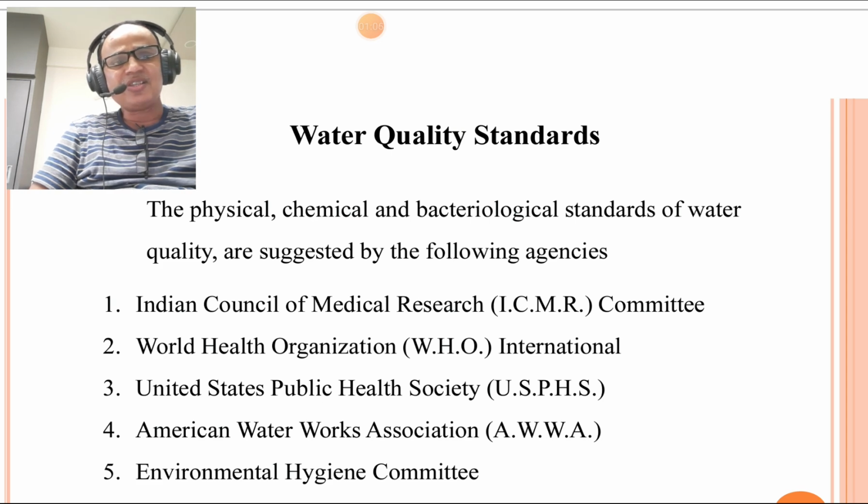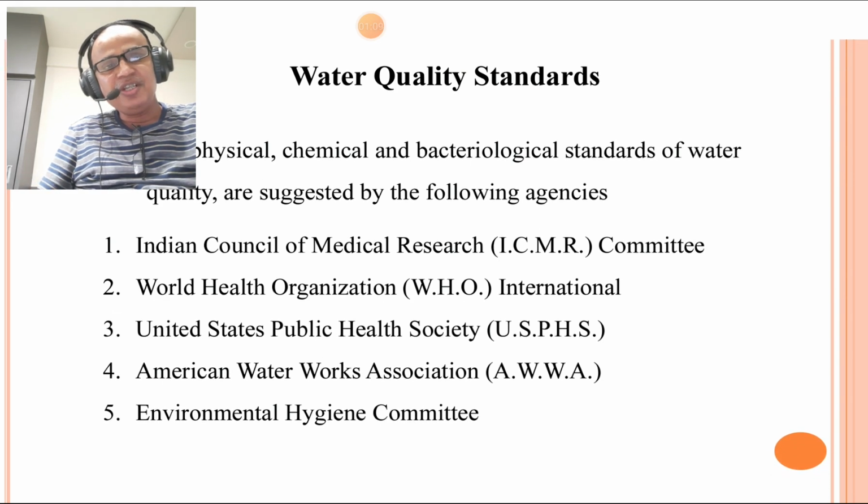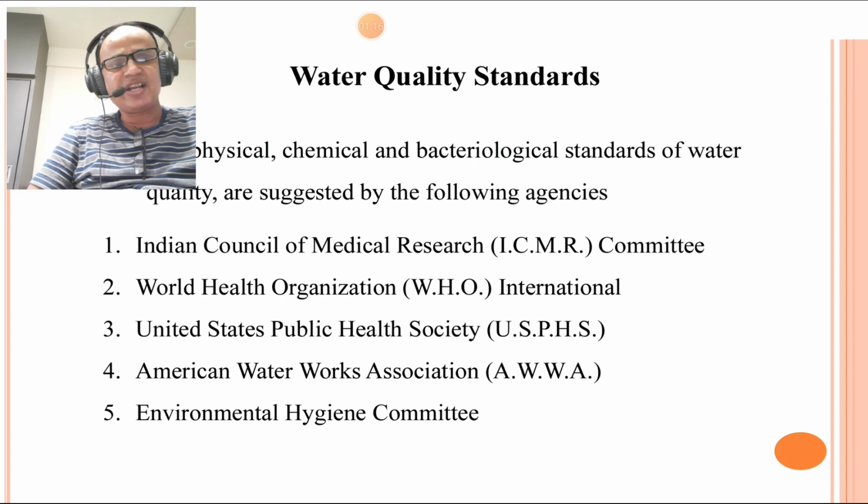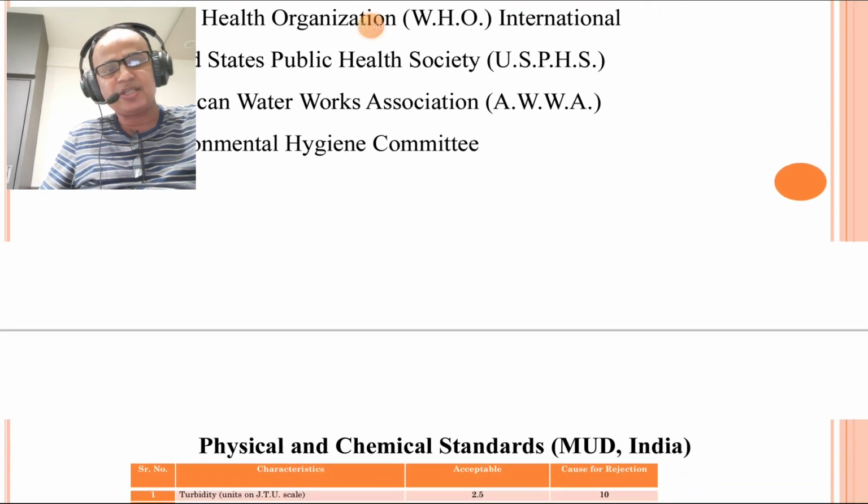These are suggested by the following agencies: the Indian Council of Medical Research, that is the ICMR committee; the World Health Organization, that is WHO International Standards; the United States Public Health Society, that is USPHS; the American Water Works Association, that is AWWA; and the Environmental Hygienic Committee. These are the organizations suggesting various physical, chemical and bacteriological standards of drinking water.